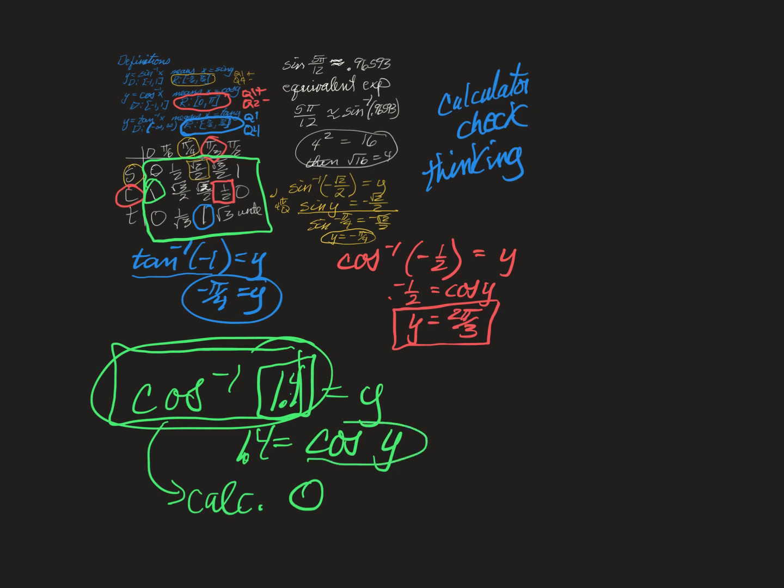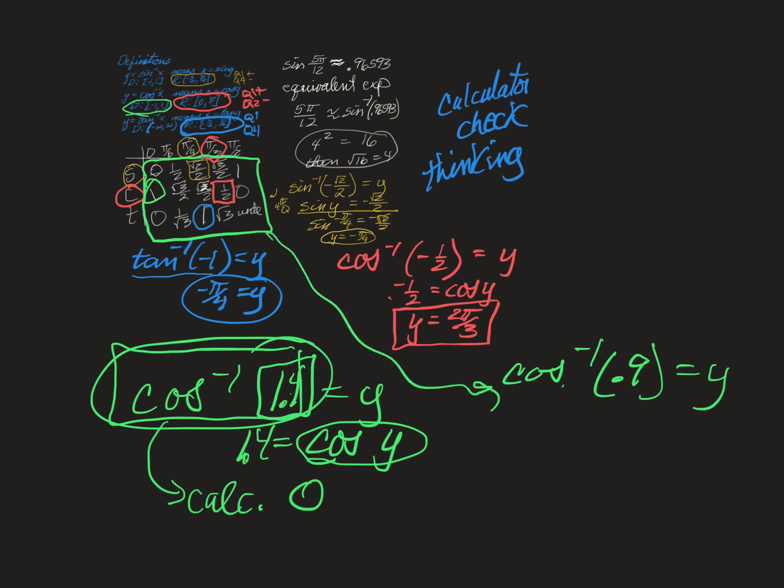And the cosine of anything, this gets at the domain issue of cosine up here between -1 and 1. So I just went on and messed up a whole problem there. So you'd have to see something like the inverse cosine of 0.9, where the value was between. But if they just give you a number between -1 and 1 as a decimal, and it's not a special angle, then you can use a calculator.